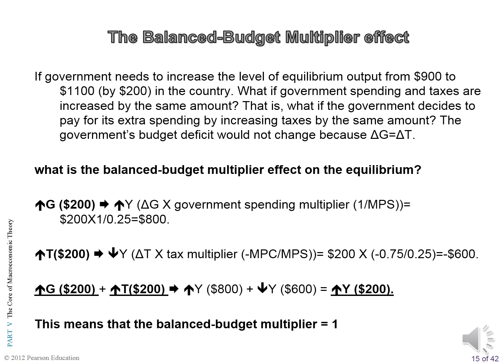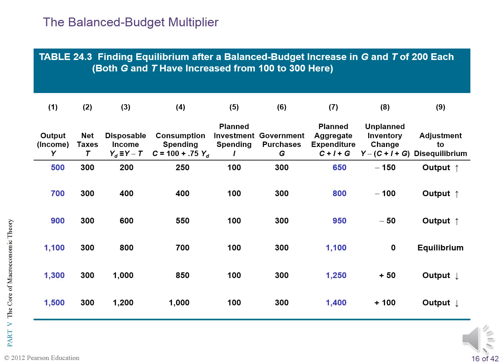It's very easy: if G and T increase by $100, Y will increase by $100. Are you with me? So Y will change by the same amount as the change in both G and T. And we'll take questions on it, God willing.